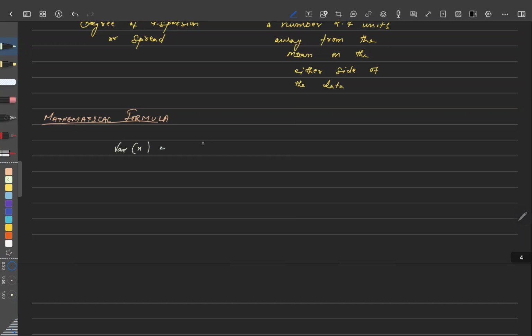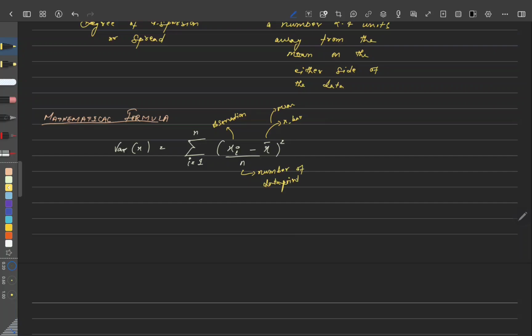Variance of x would be the summation from i equal to 1 to n of (xi minus x bar) squared. Here x bar is the mean, and xi minus x bar is nothing but the deviation from the mean, and we are squaring it. xi is the observation or the ith data point, and n is the number of data points for which we are trying to find the variance.